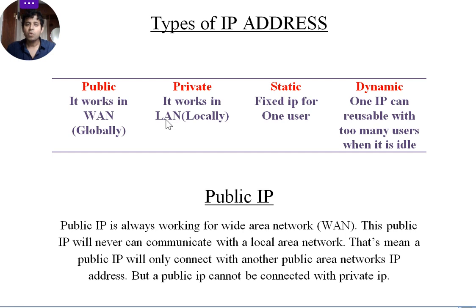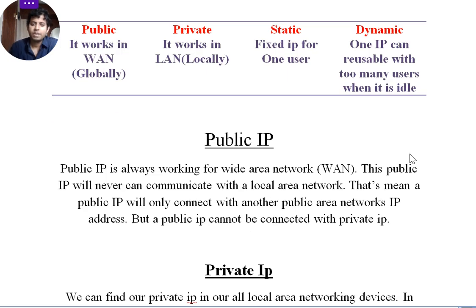But what about private IP? A private IP works only in a LAN, that means locally, in a local area network. I am not talking about static and dynamic at this moment, because I will talk about them after my public and private IP discussion.